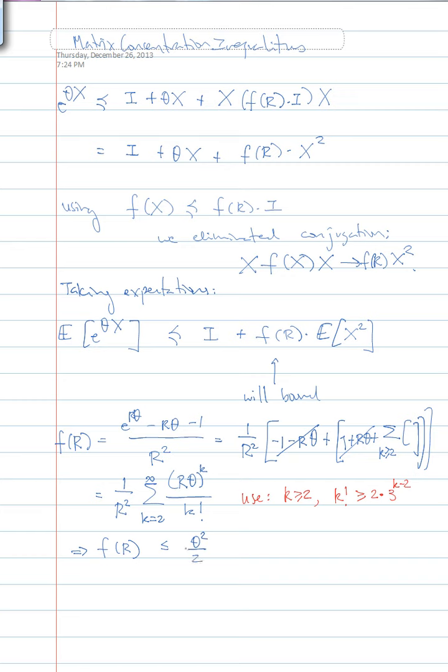I want to get that factorial out of there so that I have something that I know how to sum, and that's what we've accomplished. This is the sum from k equals 2 to infinity of r theta to the k minus 2 divided by 3 to the k minus 2. This is a geometric series, and using the standard formula, this is equal to theta squared over 2 times 1 over 1 minus r theta over 3.